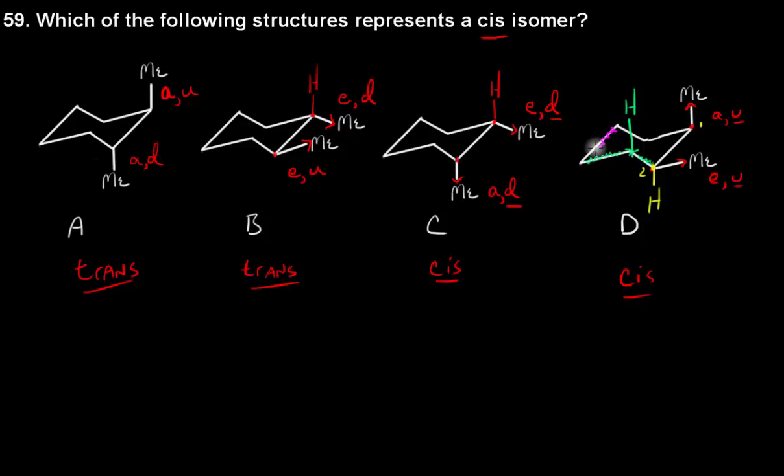This bond is coming down, and this bond is also coming down in this direction. Because they're both pointing down, we should have a down axial. Same thing over here, just gonna beat a dead horse. This bond is going up, this bond is going up, so because they're both going up, we should have an up axial.